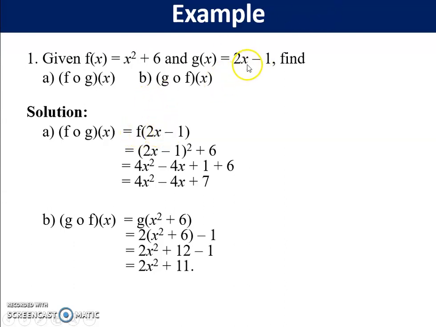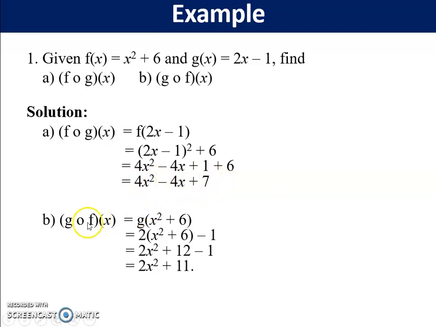What is g(x) here? g(x) is 2x - 1. We have to substitute 2x - 1 in place of x. When you substitute, we get (2x - 1)² + 6, and on expanding we get 4x² - 4x + 7.